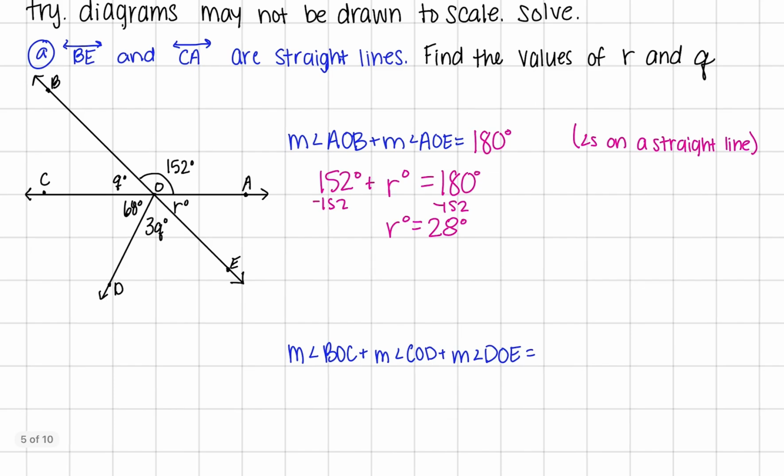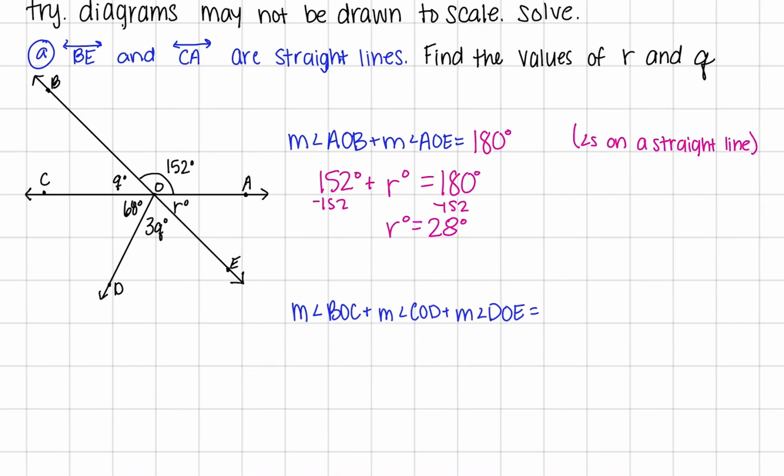Okay. We know that the measure of angle BOC plus the measure of COD plus the measure of DOE equals 180 because of angles on a straight line. Okay. STR can be used for straight if you want, but BOC, COD, and DOE make this straight line here.